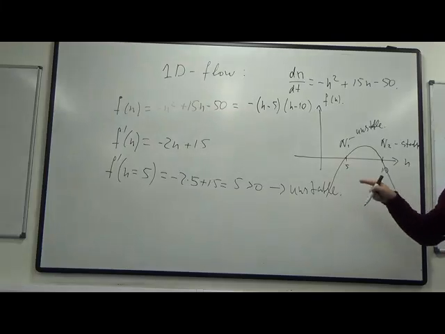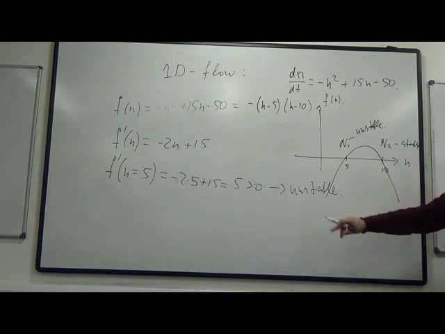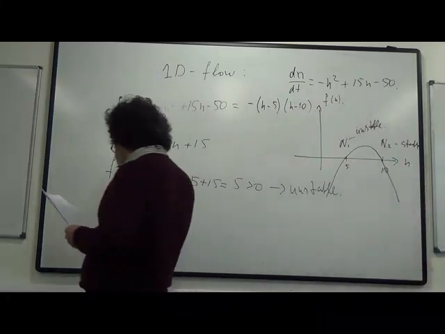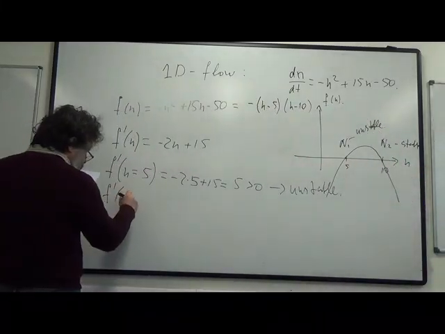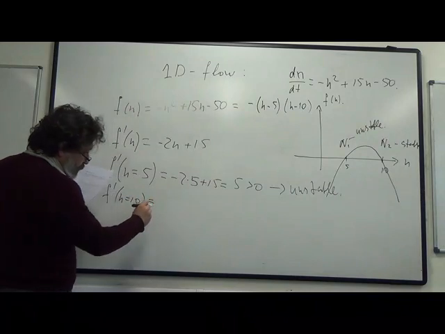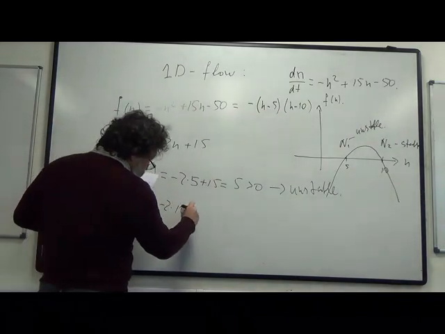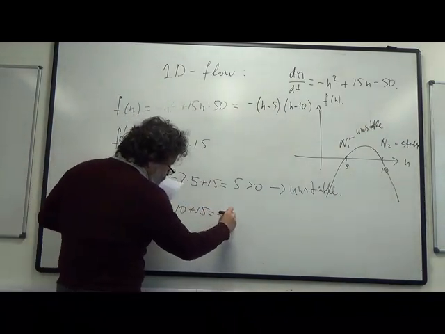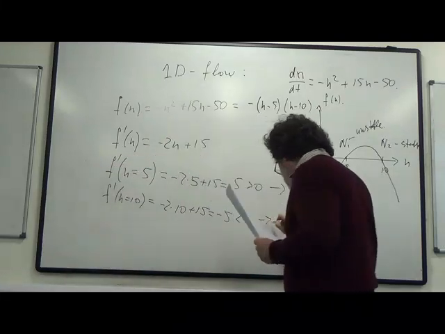The derivative of f at n equals 10 is minus 2 times 10 plus 15 equals minus 5, negative, stable.